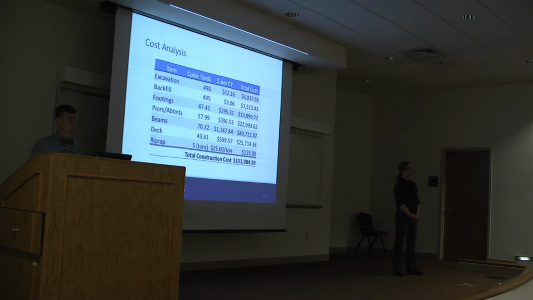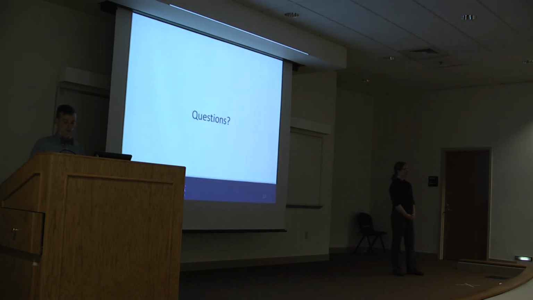Other questions? No other questions? Well, I'll ask them. This is probably outside of the scope of what you did, but the last group said that they tried to make a floatable structure work, because it would be less.